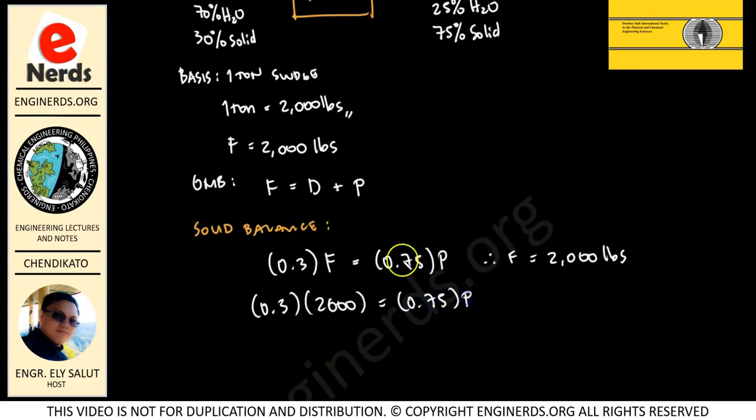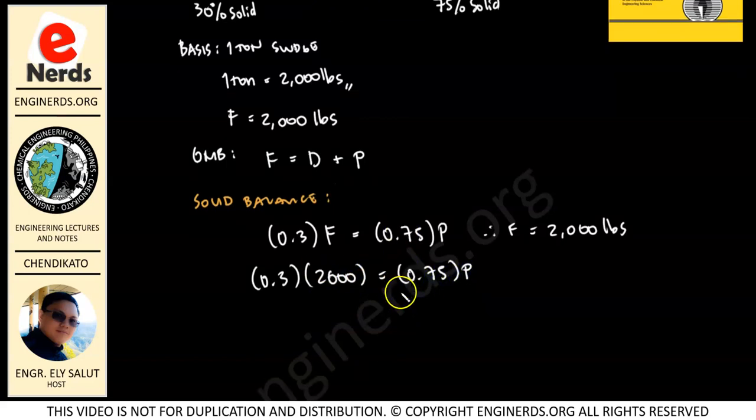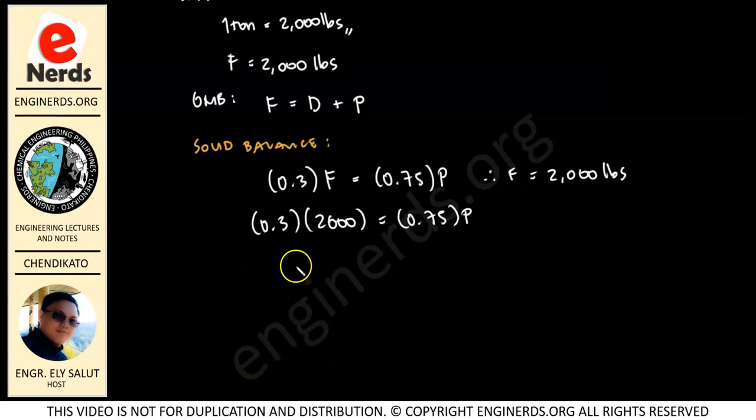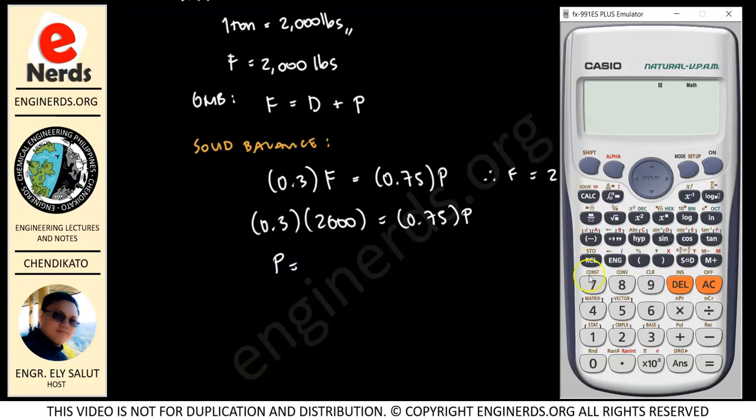So we have 0.3 times 2,000 pounds is equal to 0.75 times P. Solving for this, P is equal to 0.3 times 2,000 divided by 0.75, which is equal to 800.